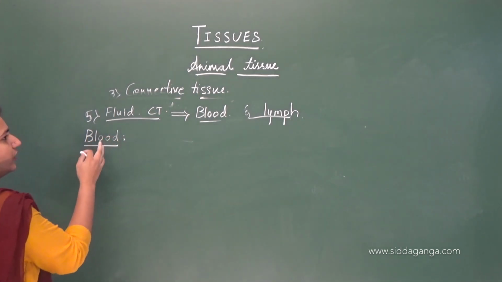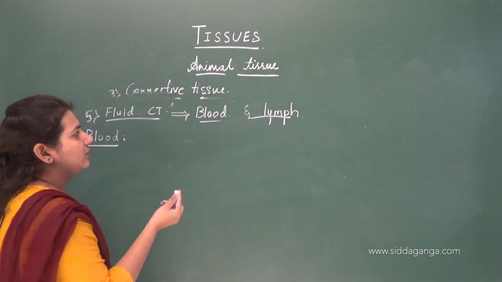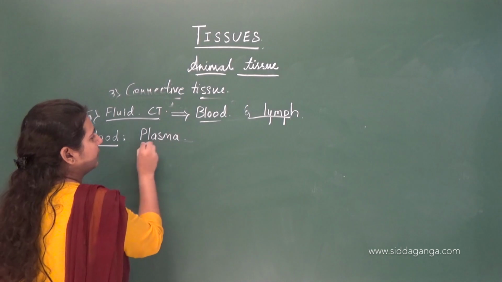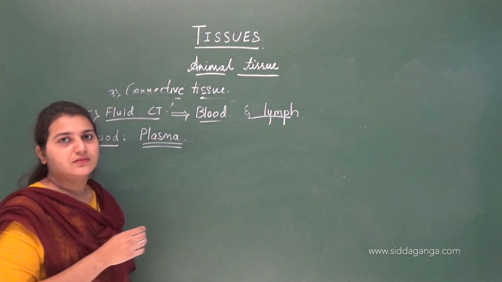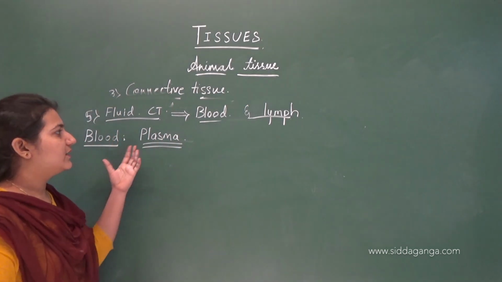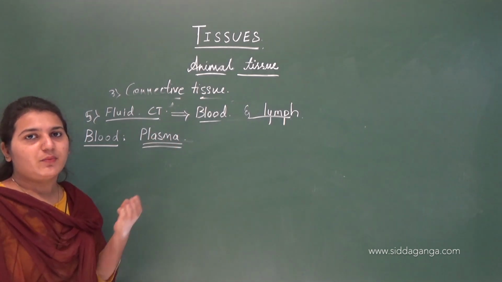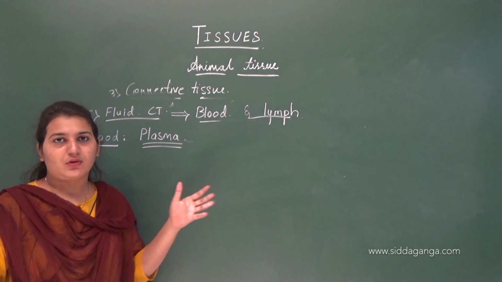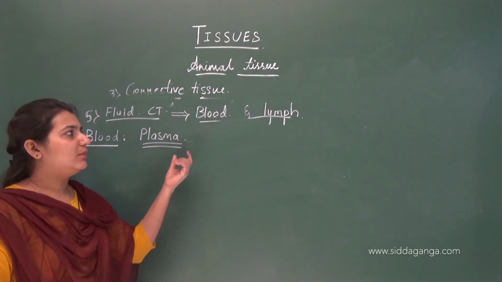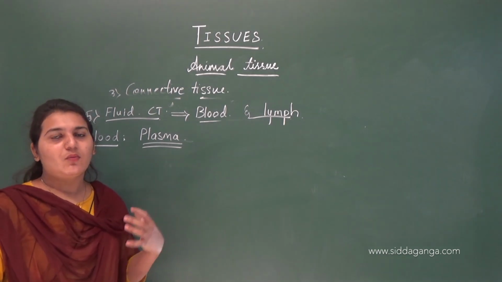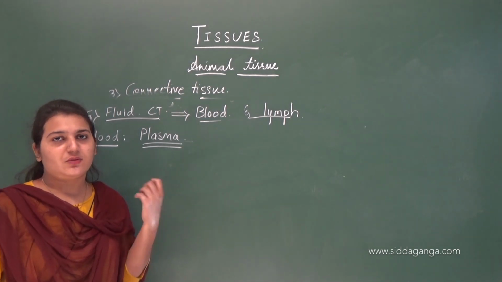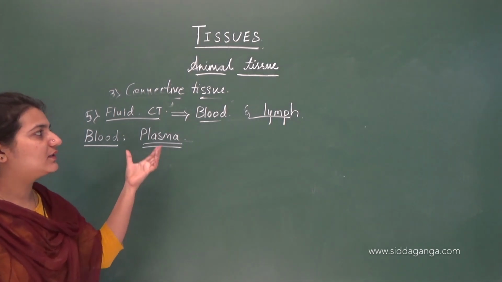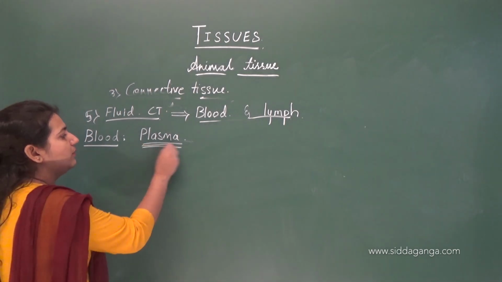We all know the fluid present in the blood is blood plasma, isn't it? The fluid matrix present in the blood enables the movement of blood. The blood flows all over our body, from organ to organ, from place to place. For the movement it has to be watery, it has to have fluidity. So the matrix present in the blood is nothing but what we call plasma.